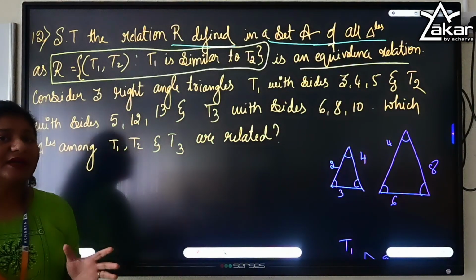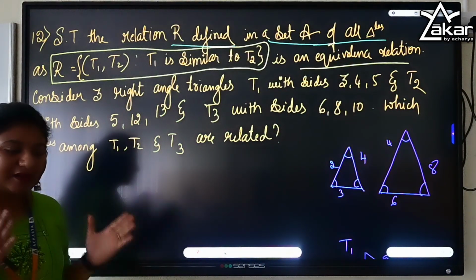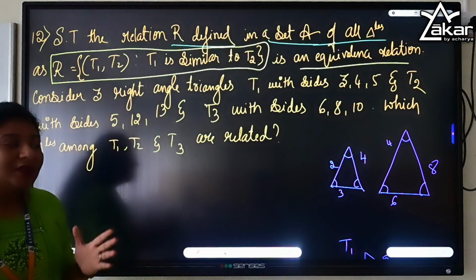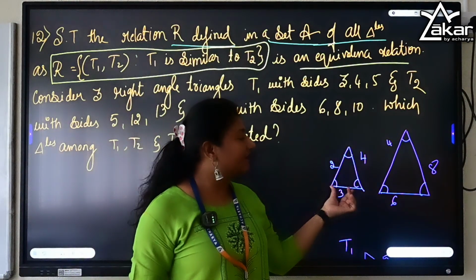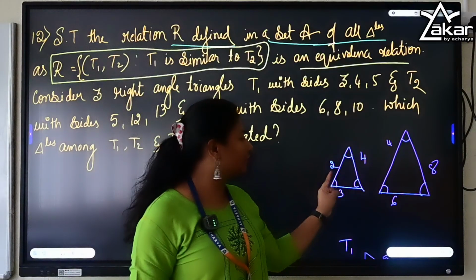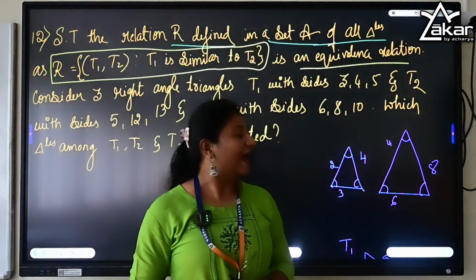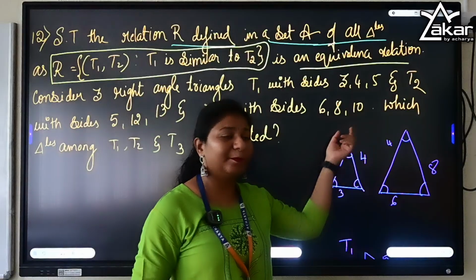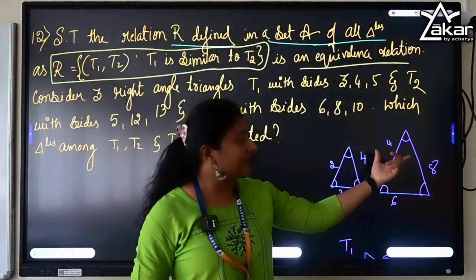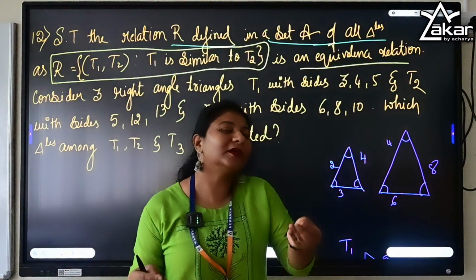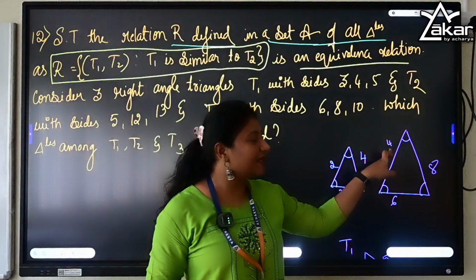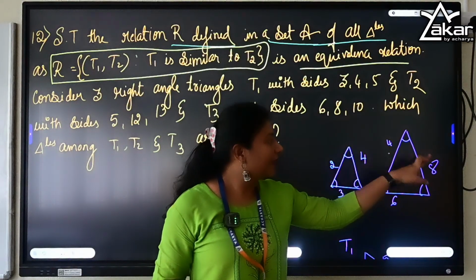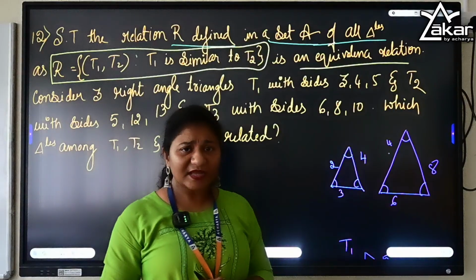So first tell me, what is similarity from triangle 1 to triangle 2? Suppose I have two triangles here. Triangle 1 has sides 2, 4 and 3. The second triangle, compared to the first, is a little bit bigger, with sides 4, 8 and 6.